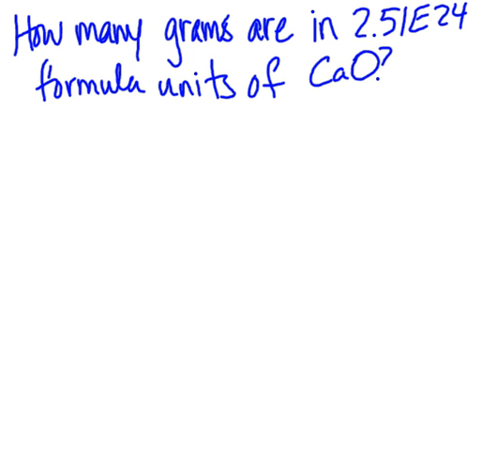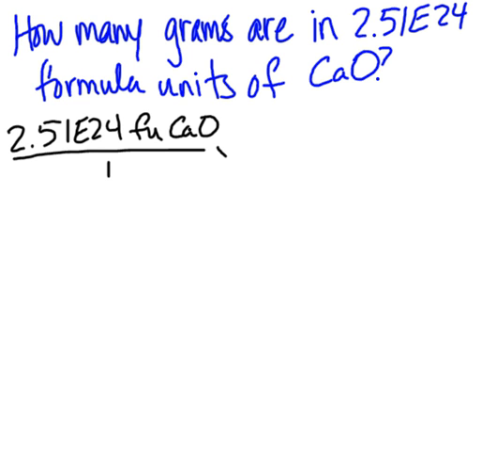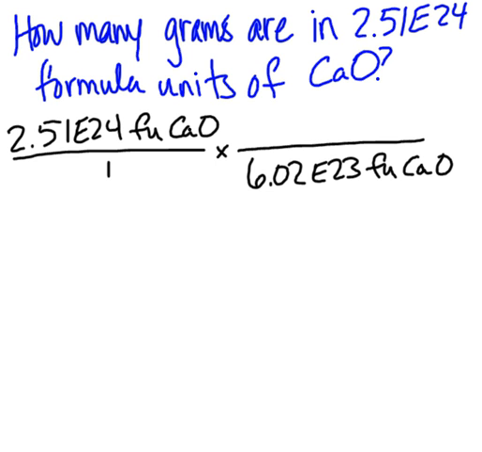Alright, how many grams are in 2.51 times 10 to the 24th formula units of calcium oxide? So first thing I want to do is start with what I'm given. Okay, so I'm going to go 2.51 times 10 to the 24th. I'm going to abbreviate formula units of CaO, and then I put that over 1, and I know that I have 6.02 times 10 to the 23rd formula units of CaO.